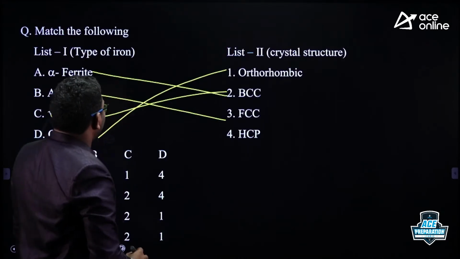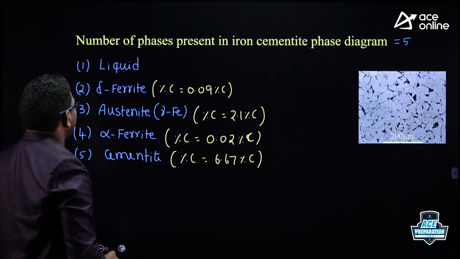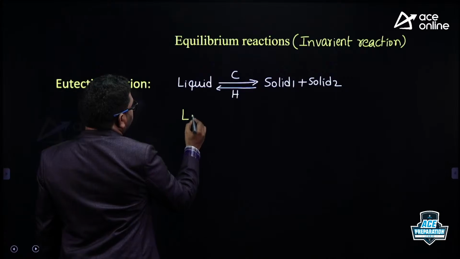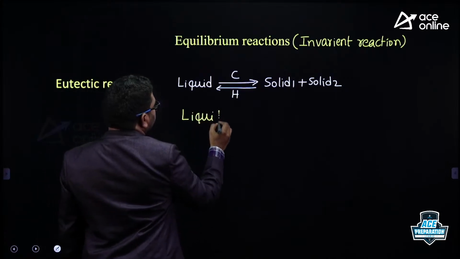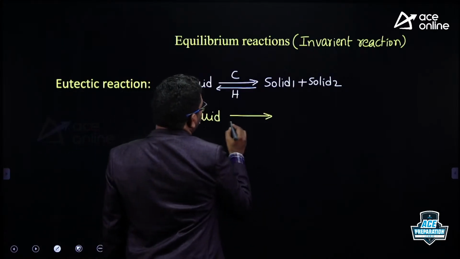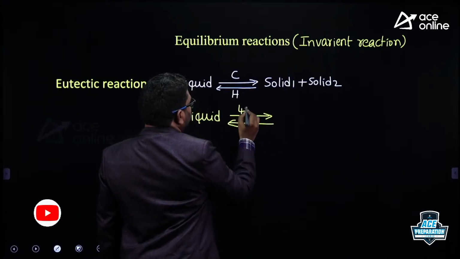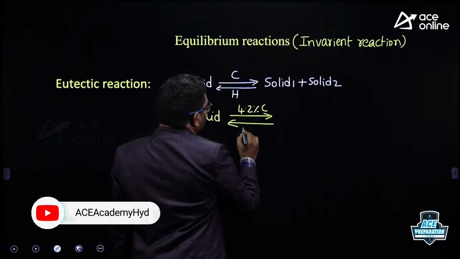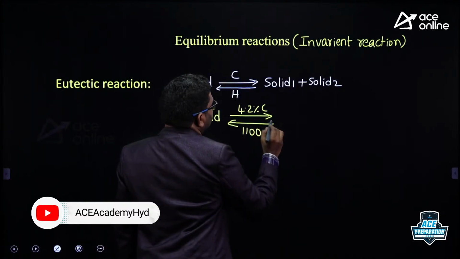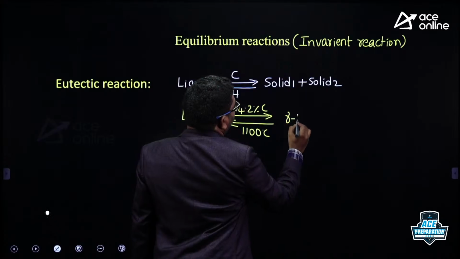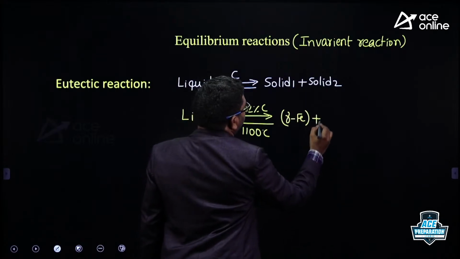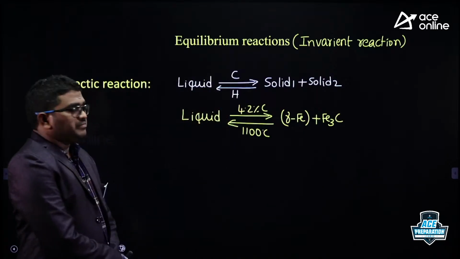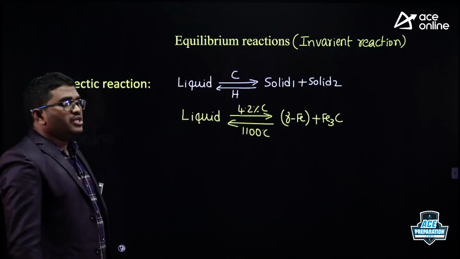Okay, the reaction I am writing here: a liquid at 4.2% of carbon and 1100 degrees Celsius transforms into gamma iron plus cementite. This reaction you should remember for your exam.